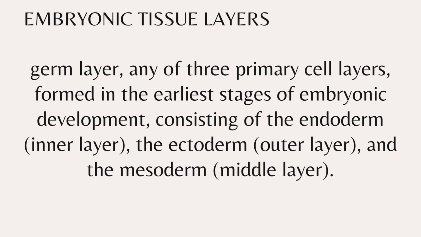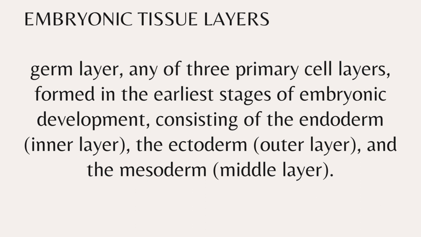You have your ectoderm, your endoderm, and your mesoderm. Primitive animals had only 2 germ layers in their embryos, the ectoderm and the endoderm, and are termed diploblastic. The more advanced animals have 3 germ layers and thus are triploblastic.